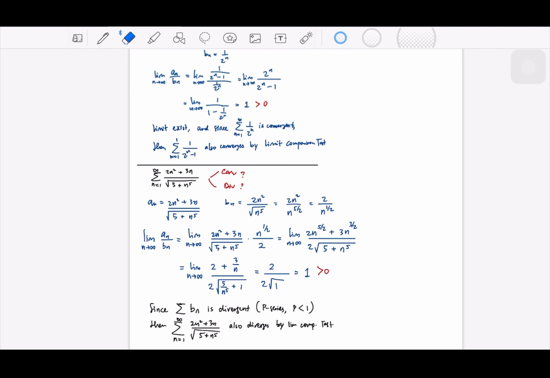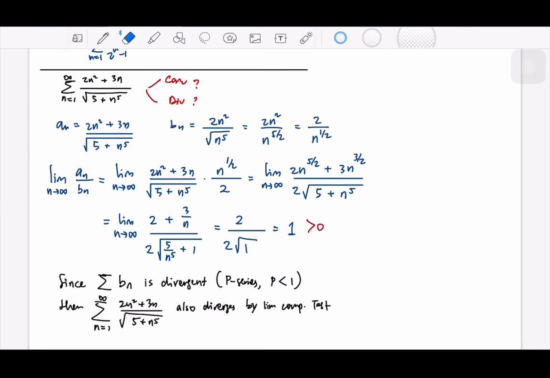So we have direct comparison test and limit comparison test. But the more practical one is just using the limit comparison. And my suggestion is just stick to the limit comparison. But somehow, if you see that some series you can prove using the direct comparison, then you can just use direct comparison.